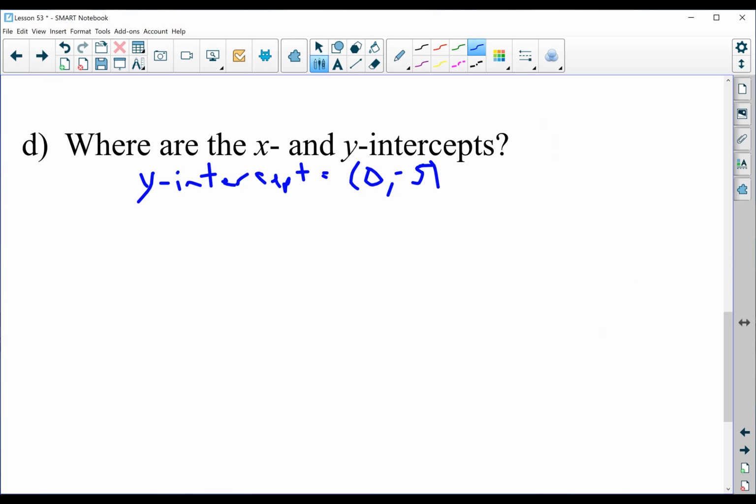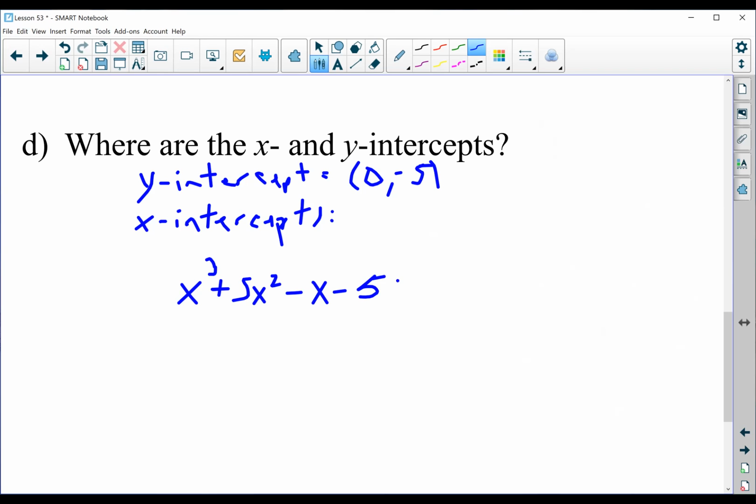For the x-intercept, we're going to take our equation and set it equal to 0.